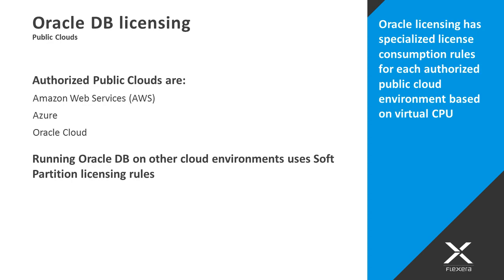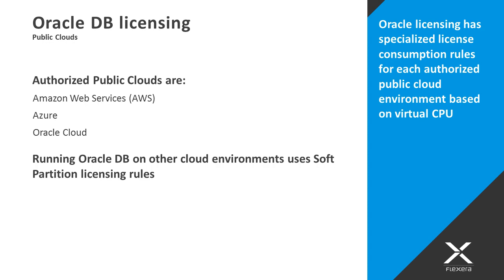So, coming to clouds, Oracle names only 3 public clouds as authorized. This is the Amazon Web Services, it's Microsoft Azure, and the Oracle Cloud itself. And there are special license consumption rules for each type, for each brand of the clouds, mostly based on virtual CPUs the virtual machine sees, and/or the activation of hyper-threading.